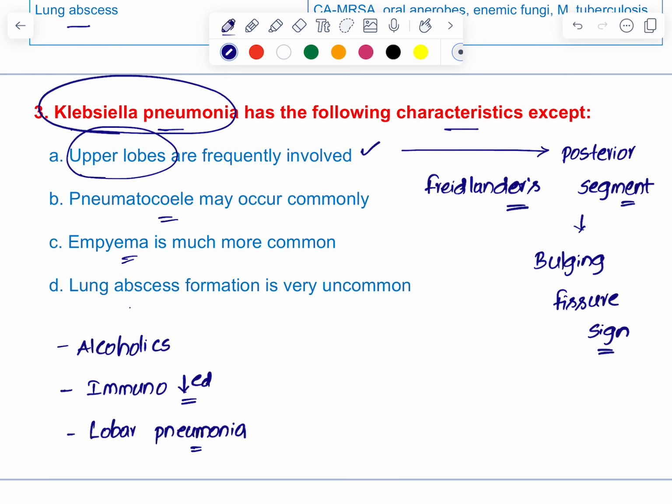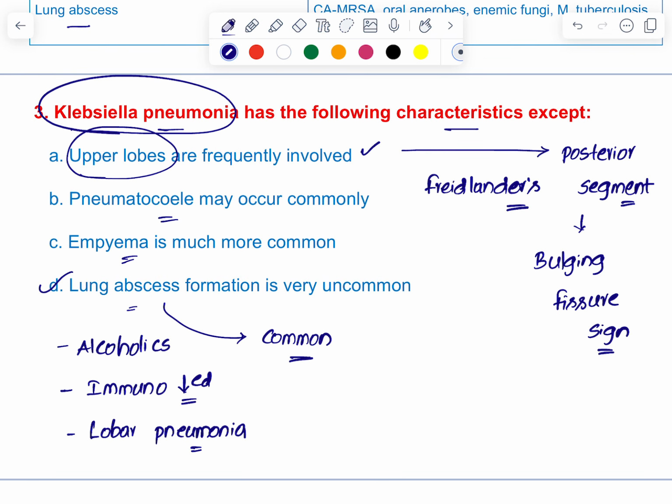And now what about lung abscess? Lung abscess is also very common. Lung abscess is very common, cavity formation is very common, empyema is also very common in cases of Klebsiella.